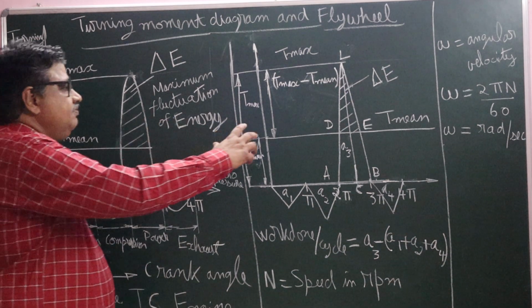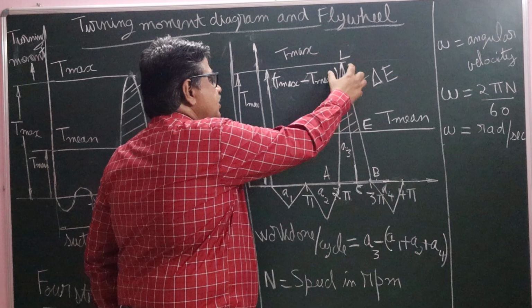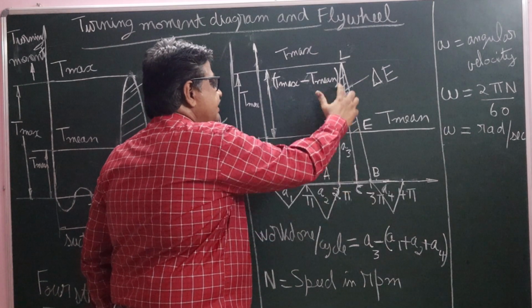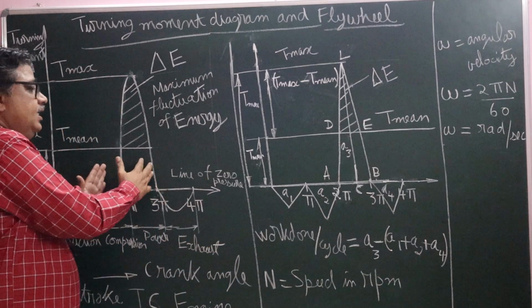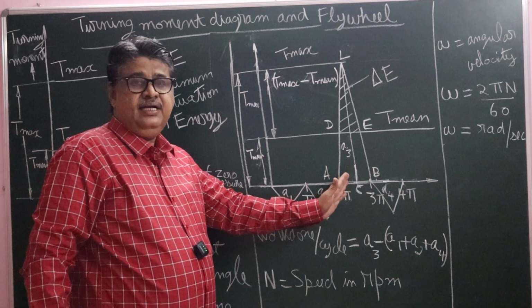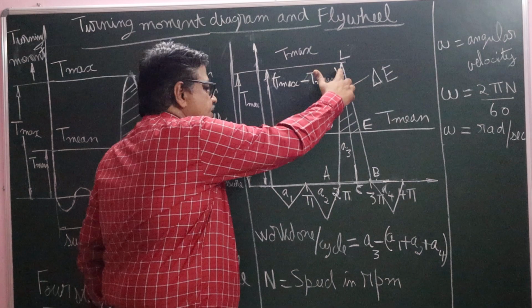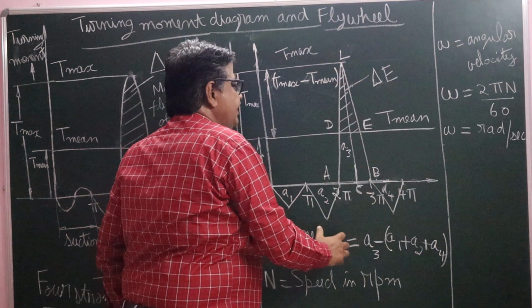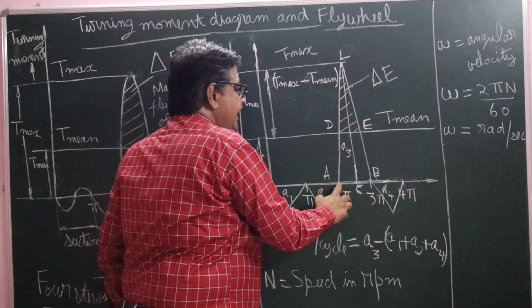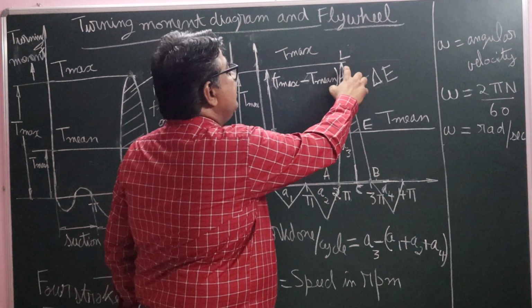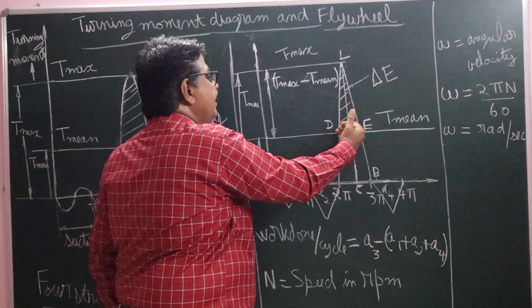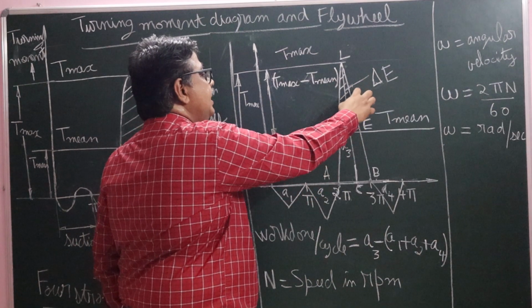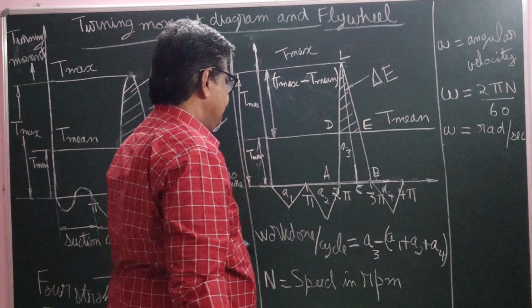So, this is the turning moment crank angle diagram. This is the maximum fluctuation of energy, right? This triangle is an isosceles. We have idealized this into a proper figure here. It's an isosceles triangle, these two sides are equal. ABL is an isosceles triangle. Again, in a triangle you have delta E, the maximum fluctuation of energy.